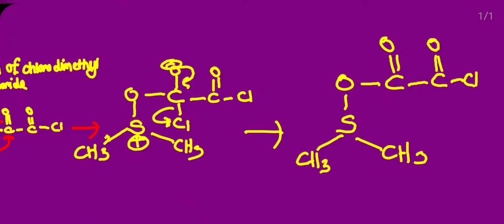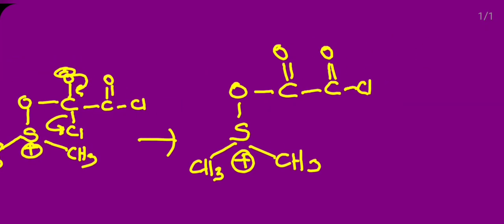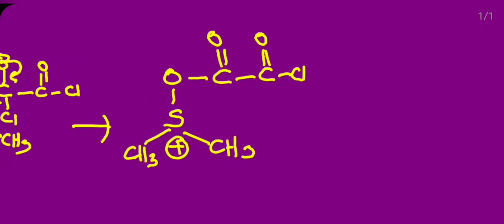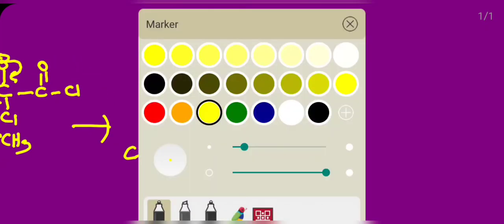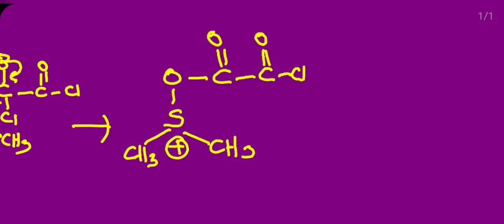Now you know that in any kind of reaction, if there is a chance to remove a gas, that is, if any gaseous molecule is removed from the reaction, it is the driving force of that reaction. So here we can remove CO2 and CO gas. How will the structure look like? This electron will shift over here.